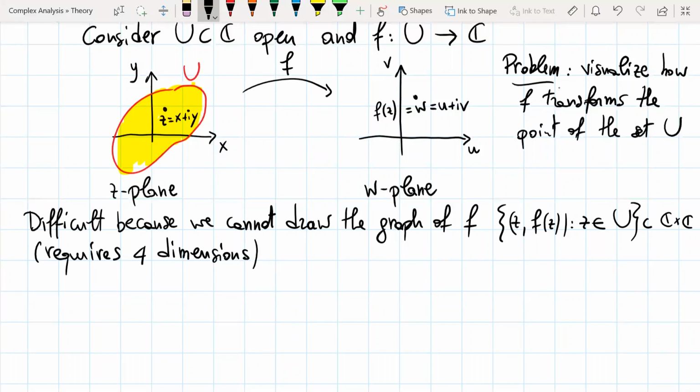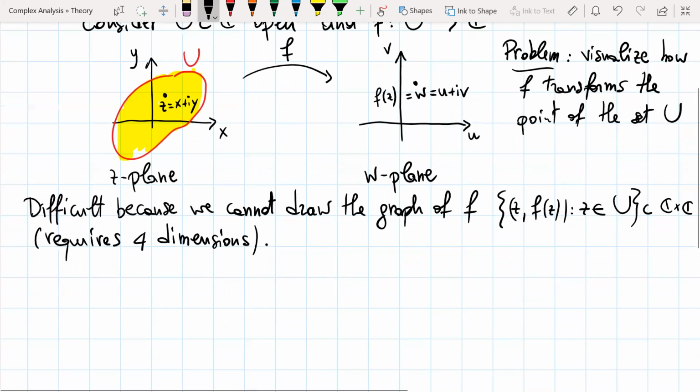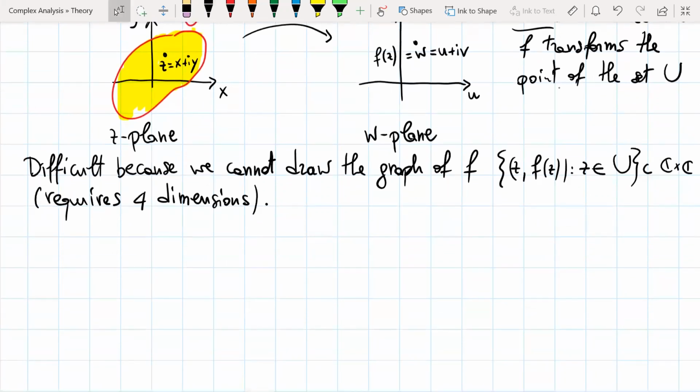As we would do, for example, if we have a real function of a real line, then you know that to visualize this function, you can simply draw the graph in the plane. But for complex functions, like holomorphic functions, this is not that easy because we would require too many dimensions. So how are we going to have at least an idea of what this function f is?